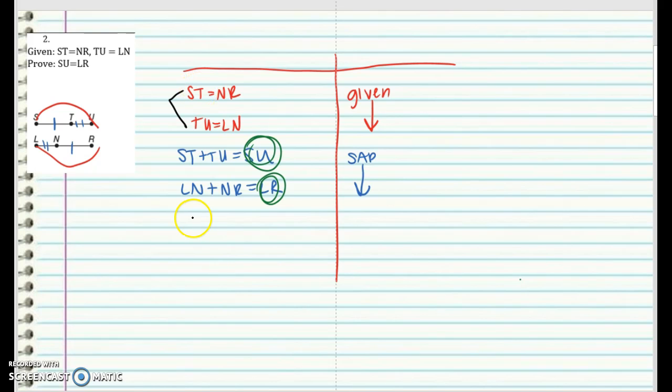So I'm going to say that ST plus TU, combining these two parts together, equals NR plus LN, combining the other two parts together, which is just the addition property.